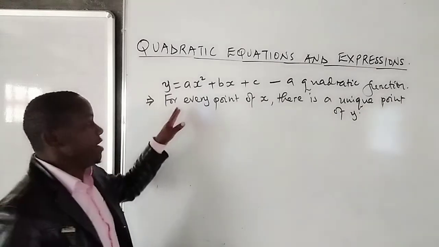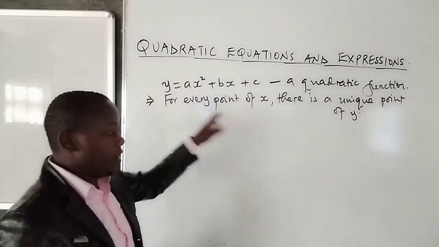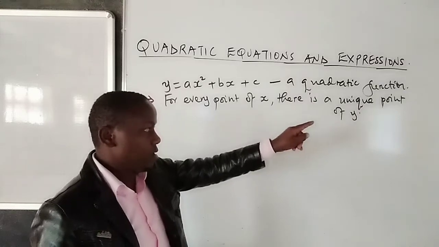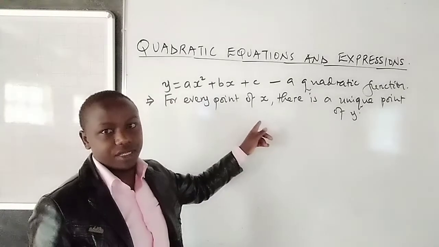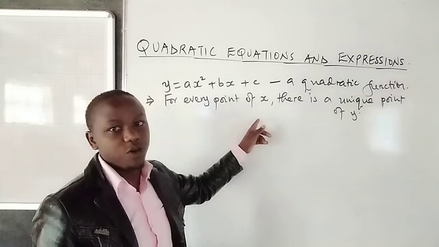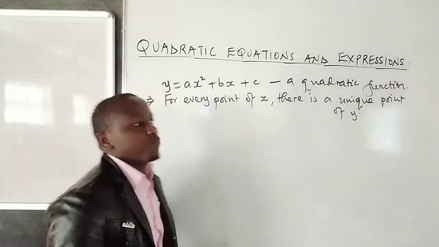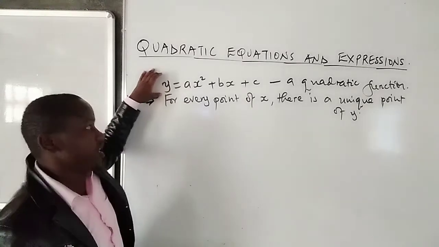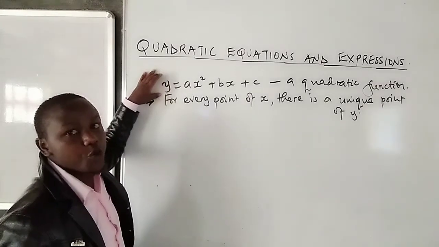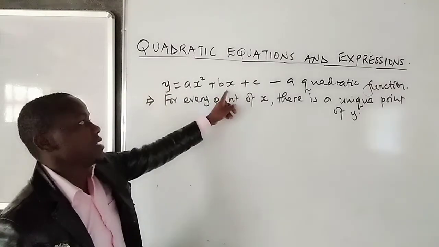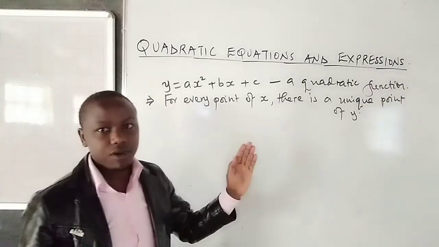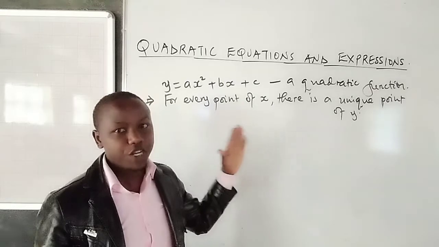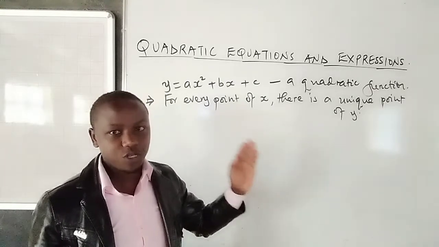Therefore, for every value of x, there is always a unique value of y corresponding to the given value of x. When a function has been given in this form, you're given a range of values of x so that you may fill a table writing the values of y which correspond to the given values of x.